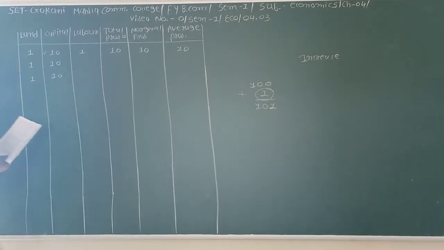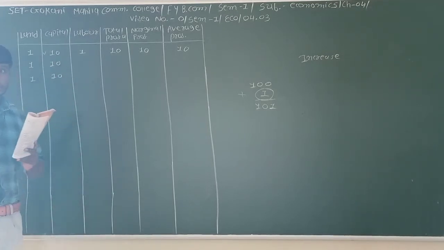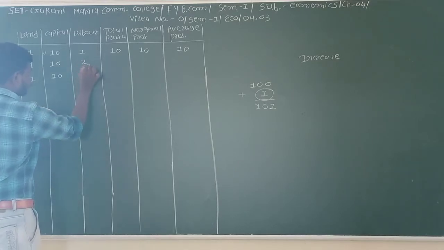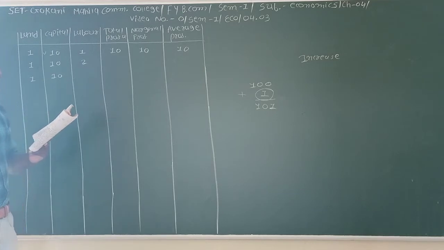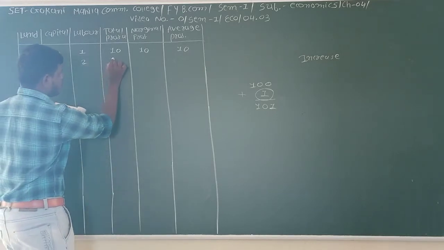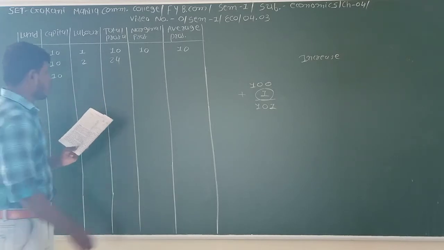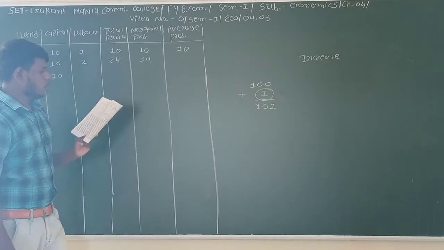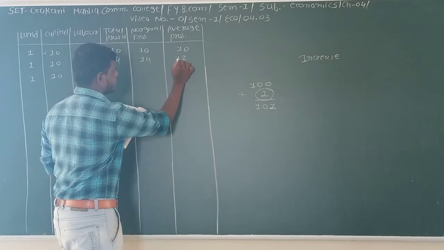So on the 1 acre of land with the same capital of 10 lakh rupees, if you increase labor by one more unit, from 1 to 2, at that time your total production becomes 24, your marginal production becomes 14, and your average production is 12.